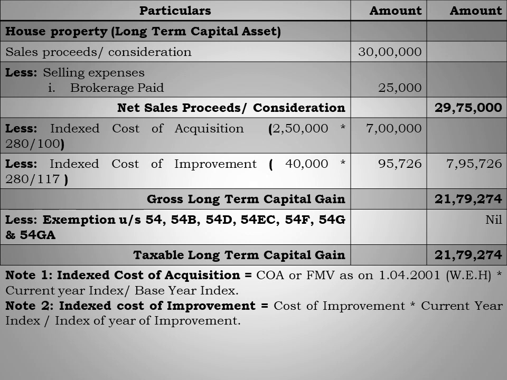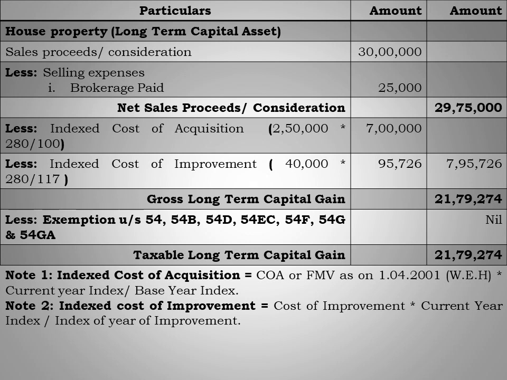95,726. So these are the outcomes of both indexed values, that is 7 lakh rupees plus 95,726. That amounts to the total indexed value of rupees 7,95,726, which we have to deduct from the net sales proceeds.